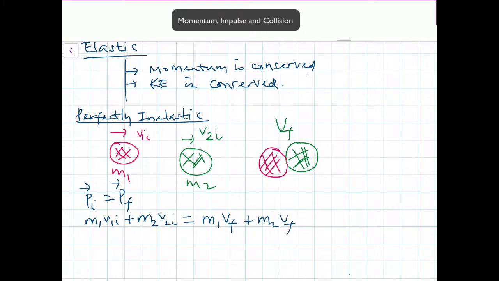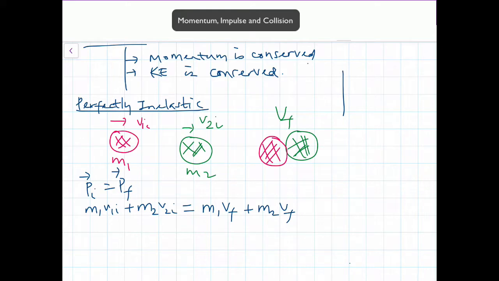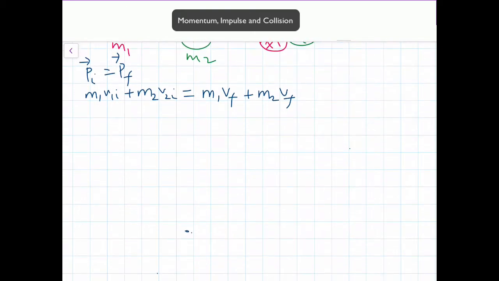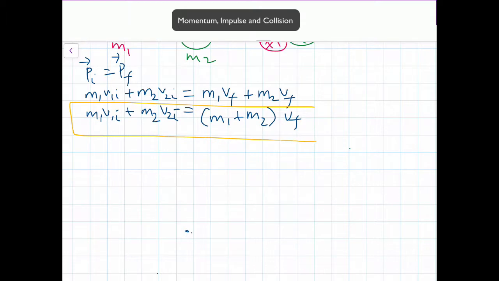The v final on the right-hand side is a common factor, so you can take it out. Then you will have mass 1 v1 initial plus mass 2 v2 initial equals mass 1 plus mass 2 times v final. If someone asks you to find v final, you can easily find it. This is an equation that you may use for a perfectly inelastic collision.